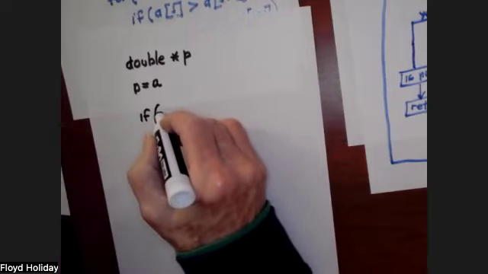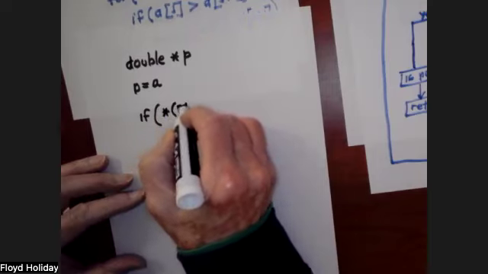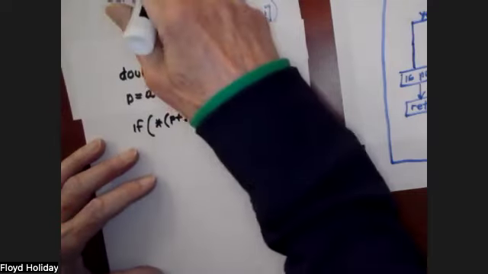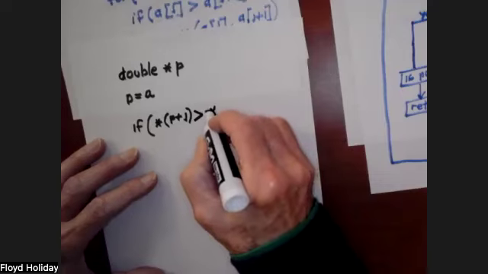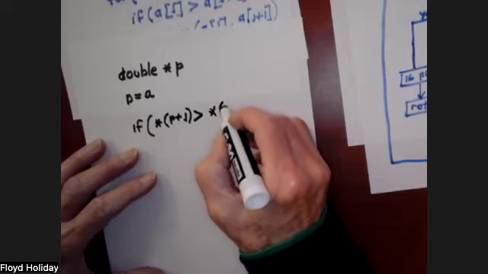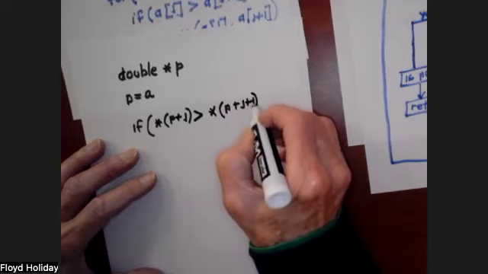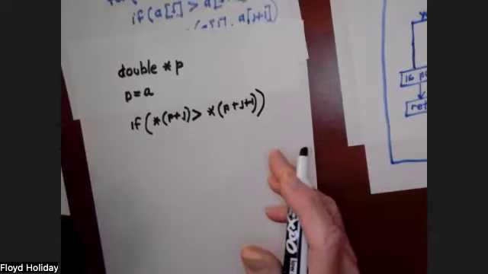This is a shot in the dark. Let me try it. Star P plus J. I'm reproducing this sentence here. If it's greater than star P plus J plus 1, then they're out of order.